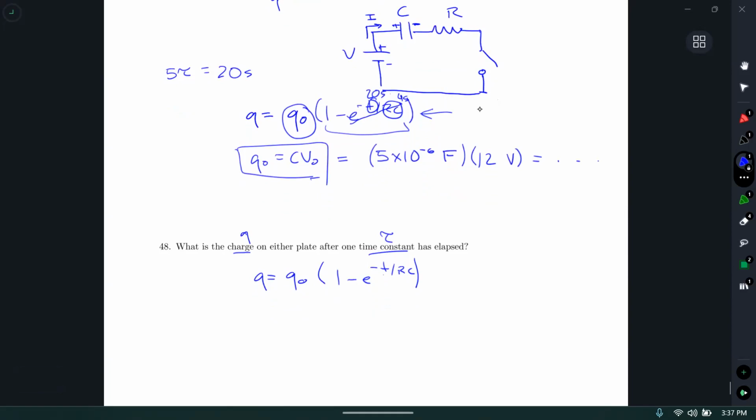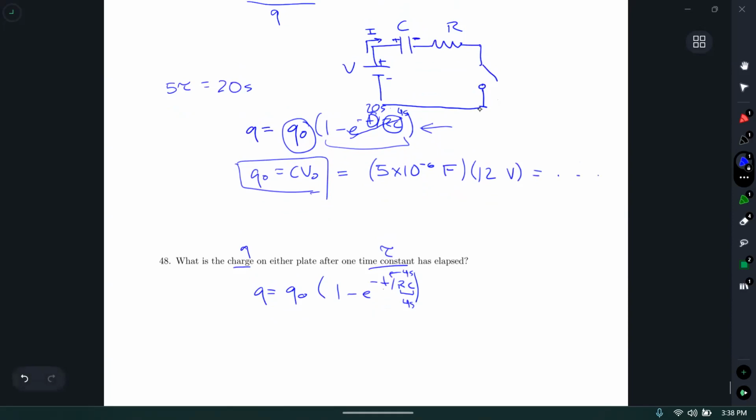And then what I could do is either just put in, okay, I know this is my time constant, 4 seconds, and it's saying after one of those, so put 4 seconds here as well. What do I get for that charge?